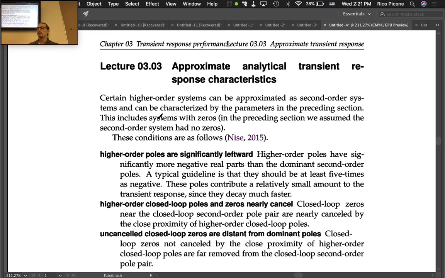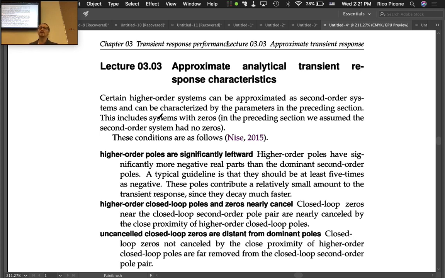When those arise, it would be nice if we still could relate our first and second order parameters to these performance characteristics, even though we don't have the perfect solution that we had in lecture 3.2. Maybe we can get an approximate solution.